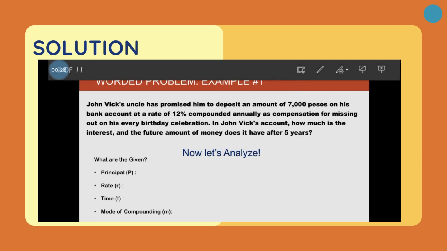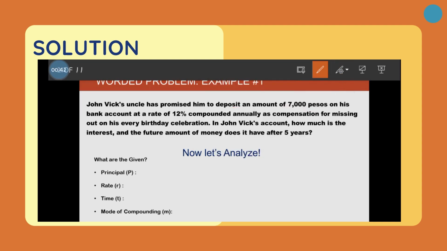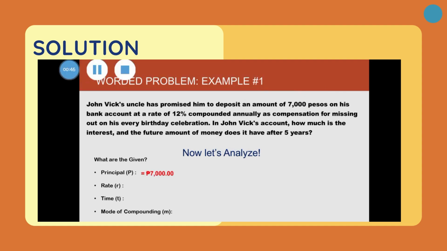Now, what is our principal here as indicated in our problem? As we can see, there is the word deposit, and there is an amount of 7,000. Therefore, our capital is 7,000 pesos.